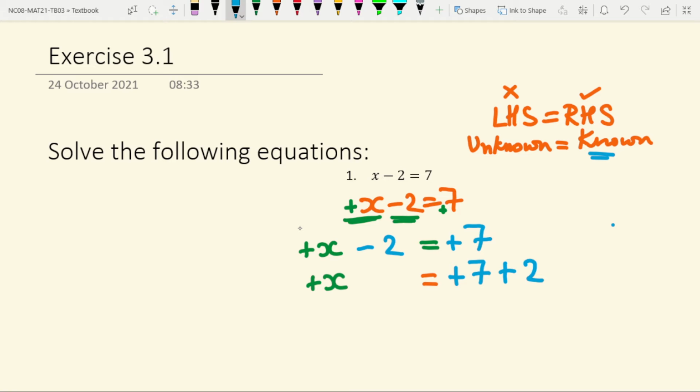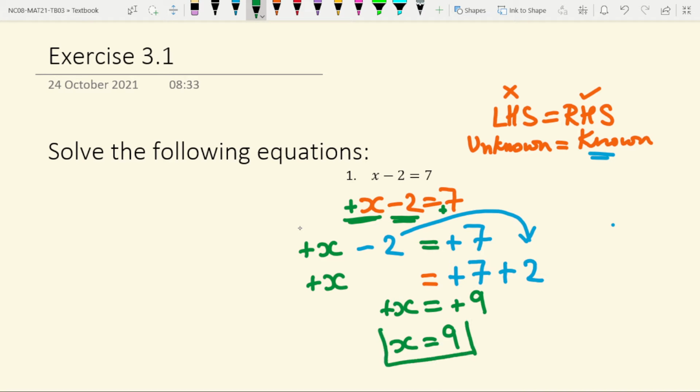The remaining equation is plus x is equal to plus 7 and plus 2, which is plus 9. So the answer is x is equal to 9. This is our final answer to this question.